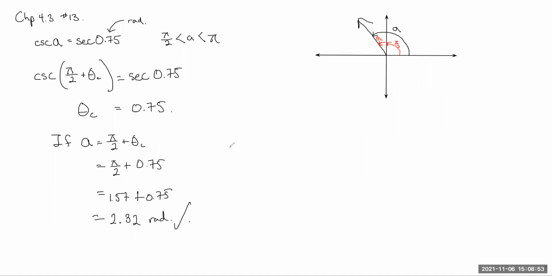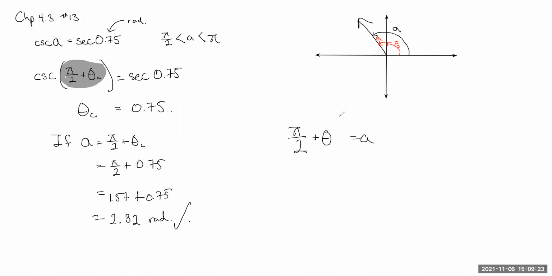For the person who requested this video specifically, looking at the answer or the suggestion that you provided, I think you made a quick careless error. Please remember that the question says that this entire thing is angle A. In other words, pi over 2 plus theta is what A is.